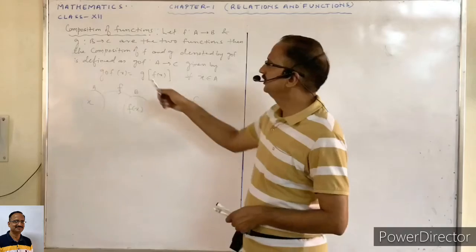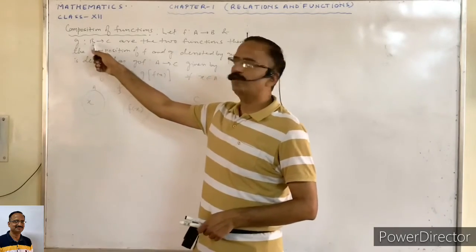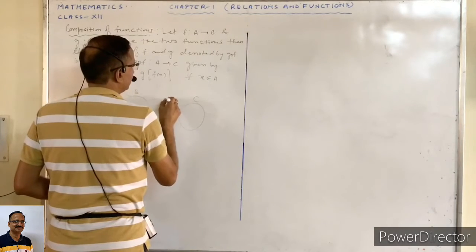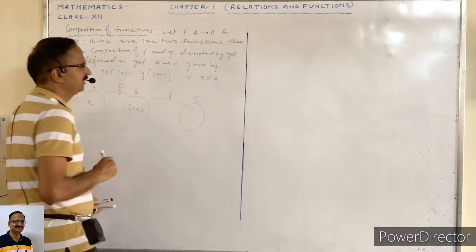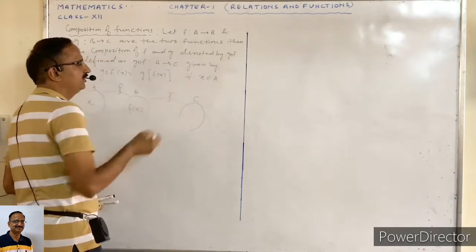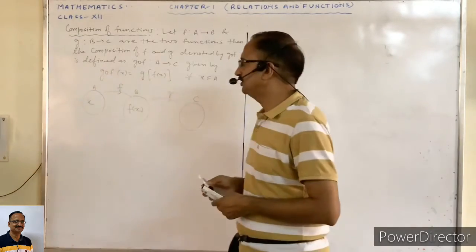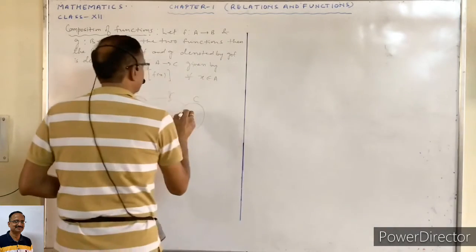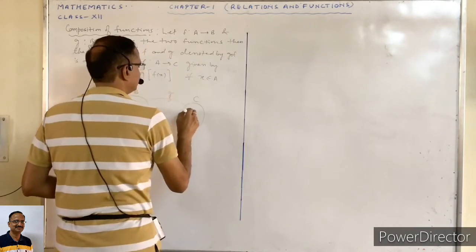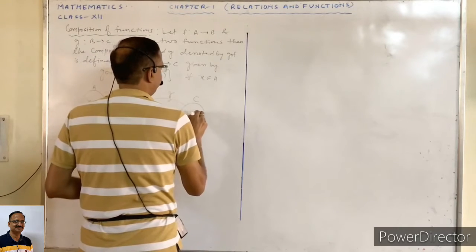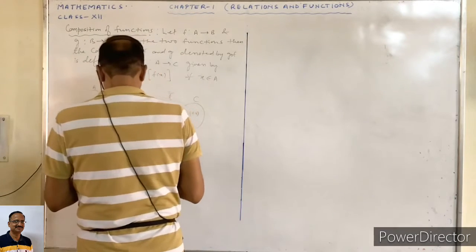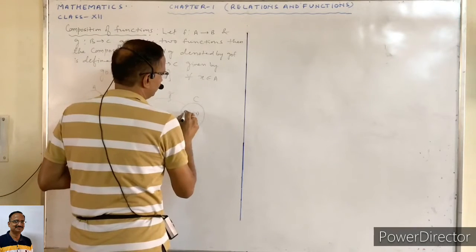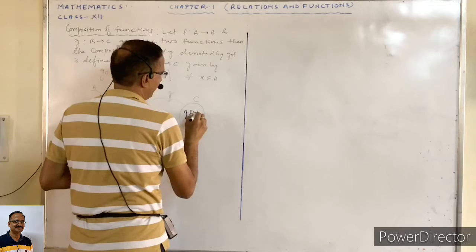Now, since g is the function defined from B to C, when we put this f x in g, then we will get g f x.